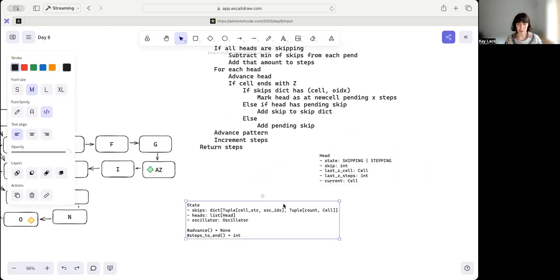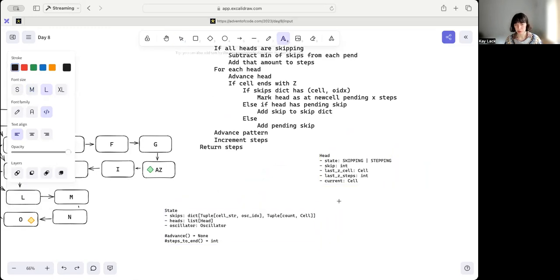In terms of a plan of action, there are a few things I've got to do. I'm going to redo the state entirely. Remake compute to just produce all the new heads.